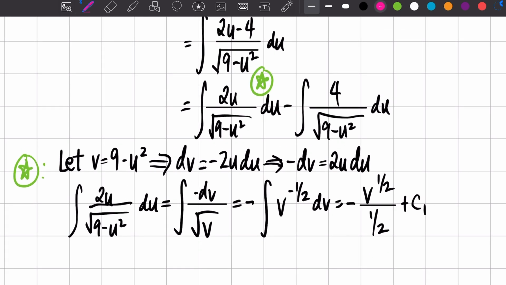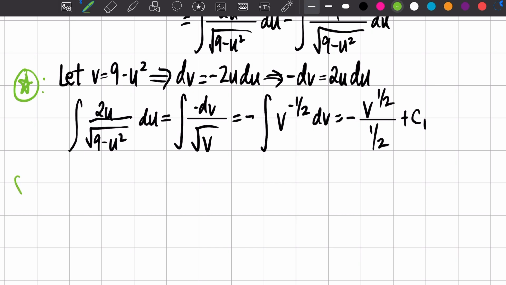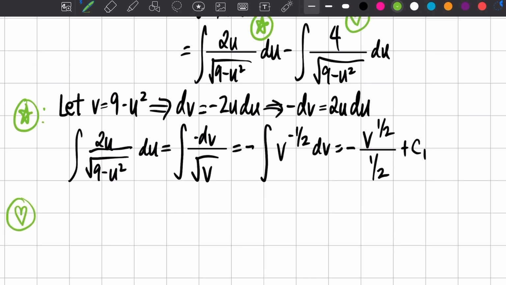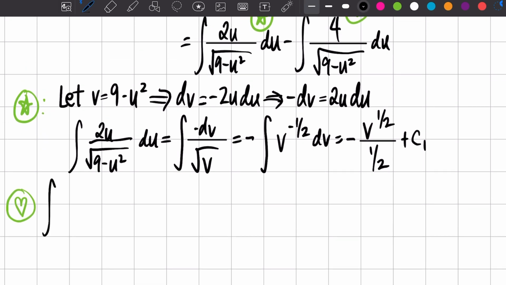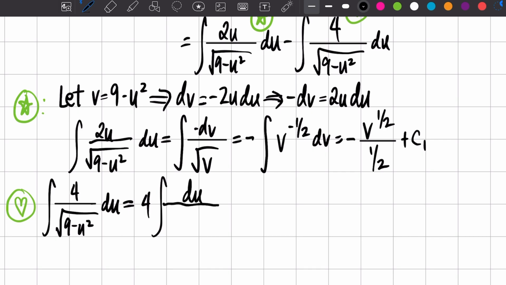For the second one, it's actually simpler. What you have is the integral of 4 over the square root of 9 minus u squared du. And this is just the same as 4 times the integral of du all over the square root of 9 minus u squared.